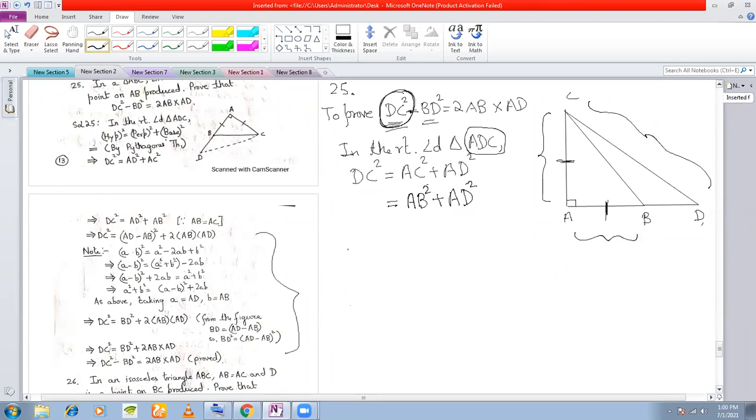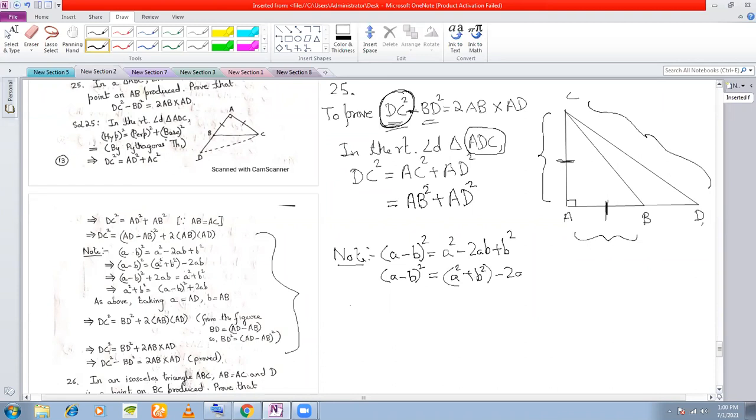Yes, sir. Now, from the identity, A minus B whole square is equal to A square minus 2AB plus B square, you know this, right? Which can also be written as A square plus B square minus 2AB.